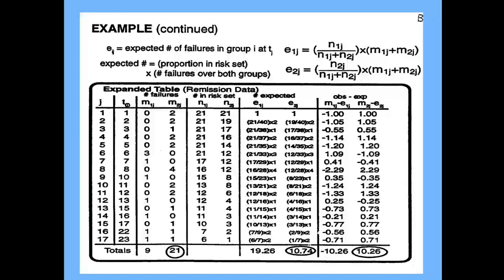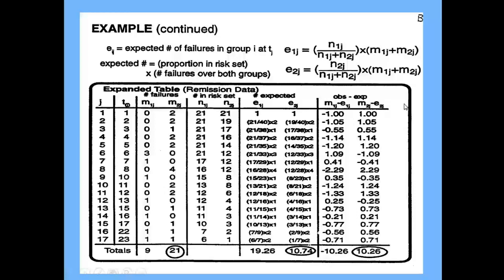Okay, and then you wind up getting observed and expected, and you add up all the observed. For example, there are 21 failures in group 2, 9 failures in group 1, and you get the expected in each of the groups, and then you take observed minus expected.